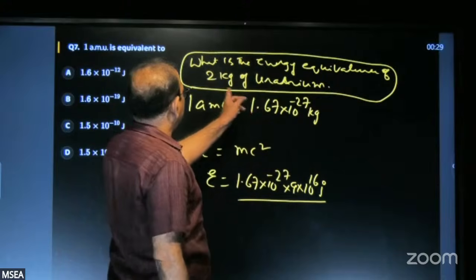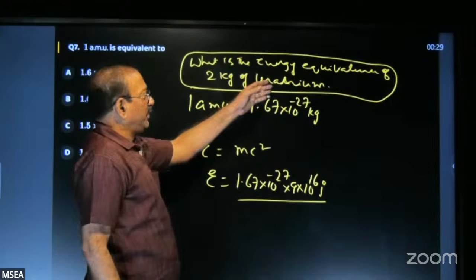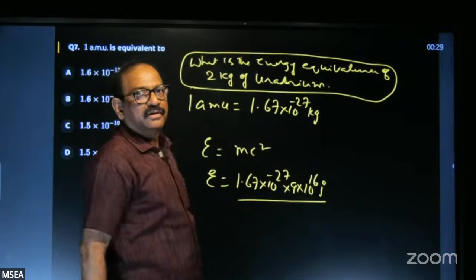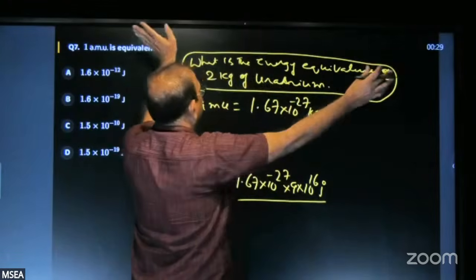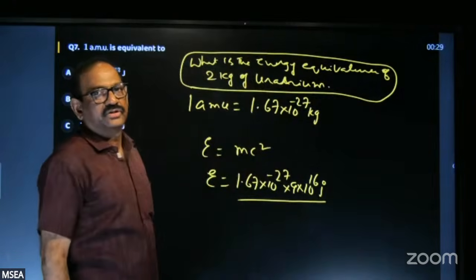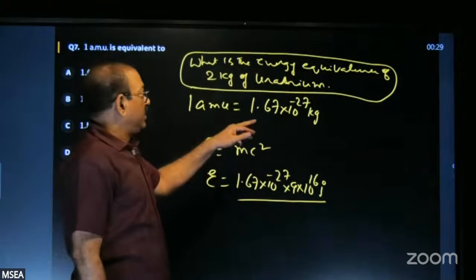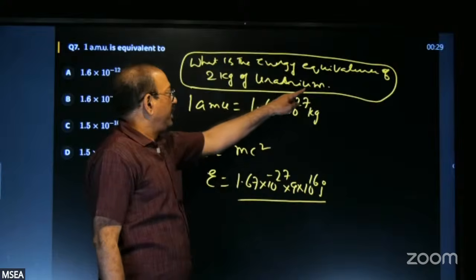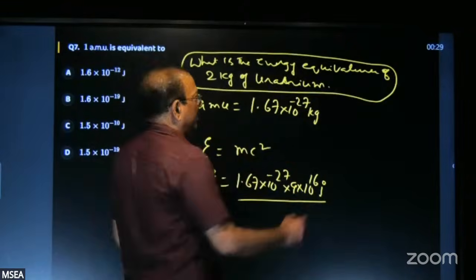It is not that 2 kg of uranium is undergoing fission. Total 2 kg mass destroyed. Then what is the energy released? It is asking. What is the energy released if 2 kg of uranium undergoes fission? If they ask that, it is different.